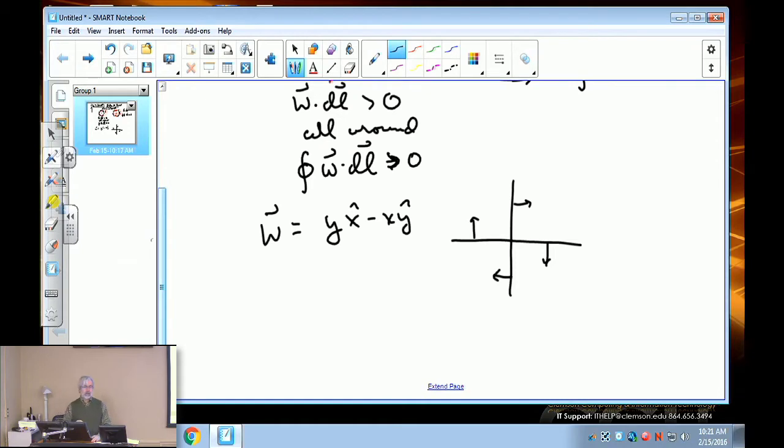Okay, this one is clockwise flow. So notice the magnitude of W is r, in other words, it's the distance from the origin. So it increases with distance from the origin. So if we extend the plotting region a little bit, we see here that W increases as you get farther around, and W is actually of 0 length, 0 magnitude, right at the origin.